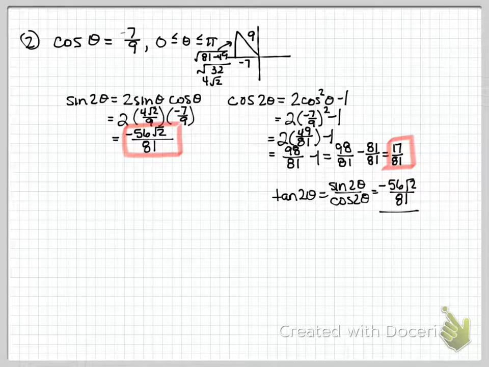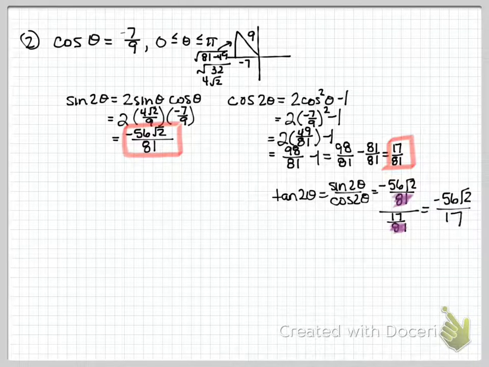The cosine of 2 theta was 17 over 81. Denominators are the same, so I'm going to cross them out, and I'm left with negative 56 root 2 over 17. And there is my tangent of 2 theta. Okay, so that's example 2.